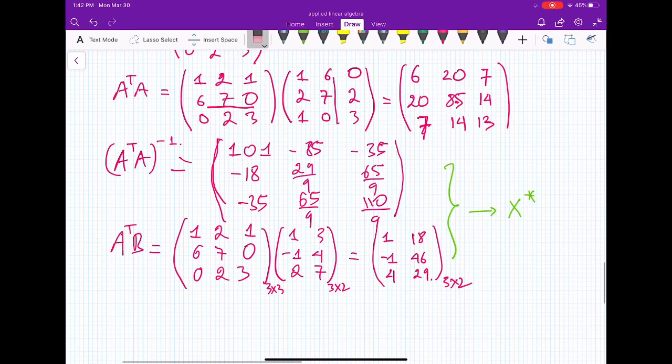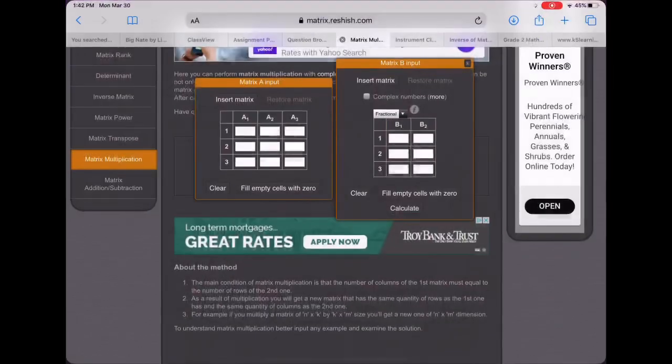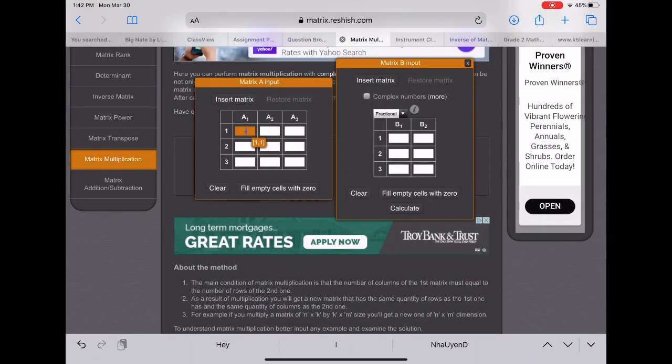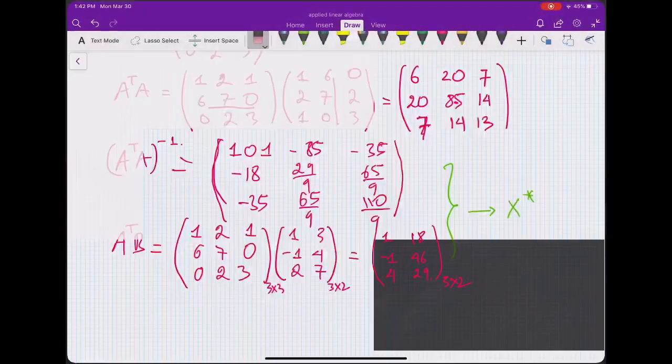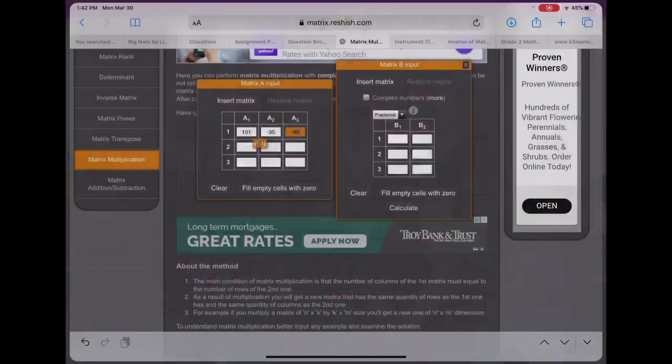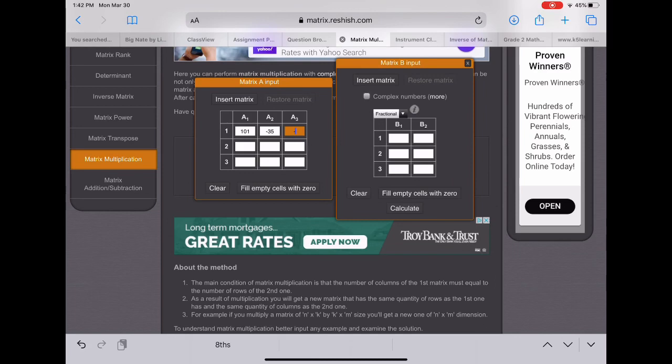The first matrix is 101, negative 85, negative 35. No, negative 85, 35, sorry. 35 in here, and negative 85 in here.